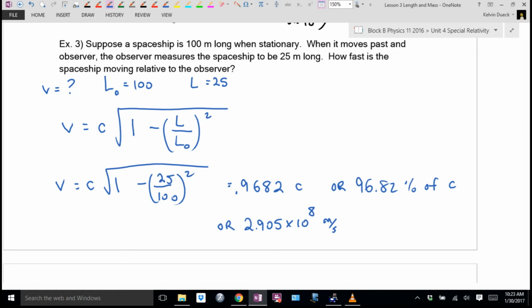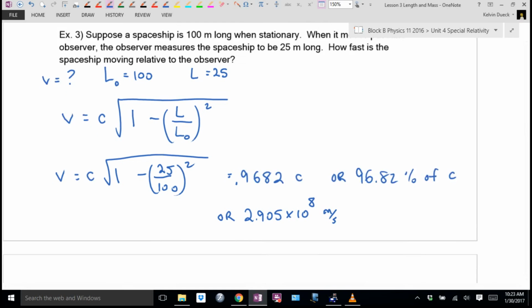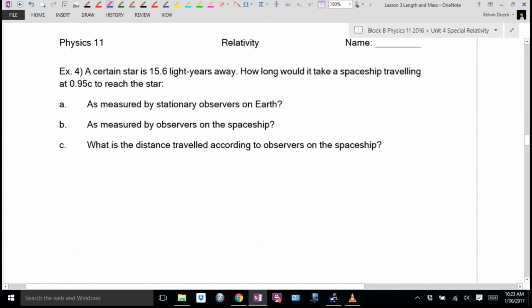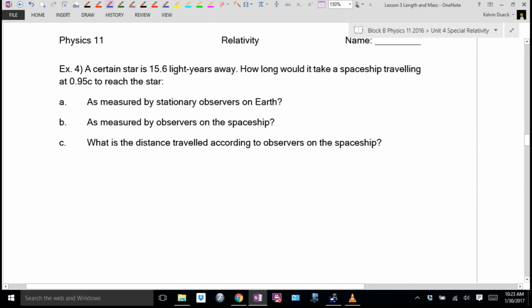Two more, then we're going to hit pause. A certain star is 15.6 light years away. How long would it take a spaceship traveling at 95% of the speed of light, 0.95c, to reach the star?